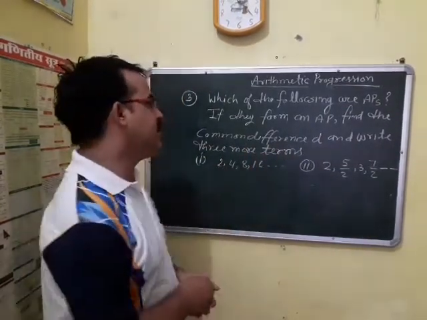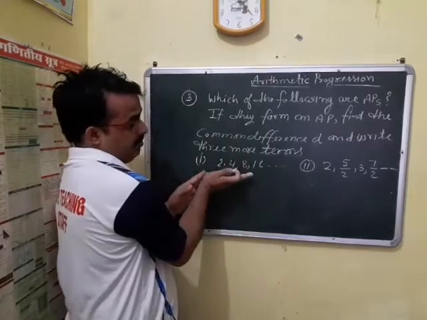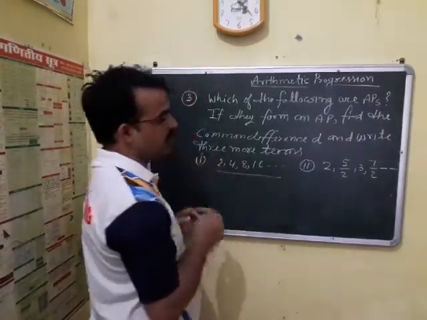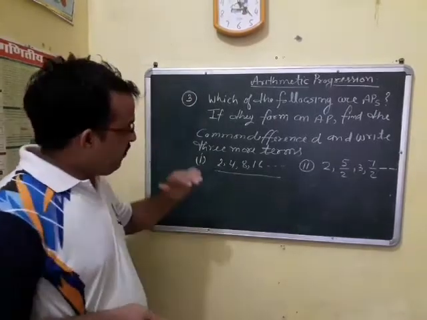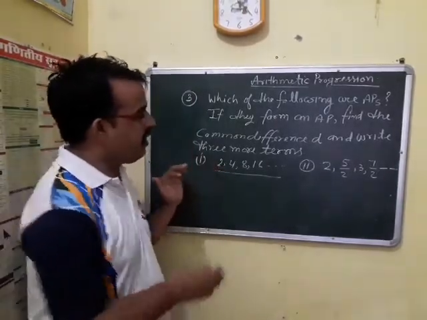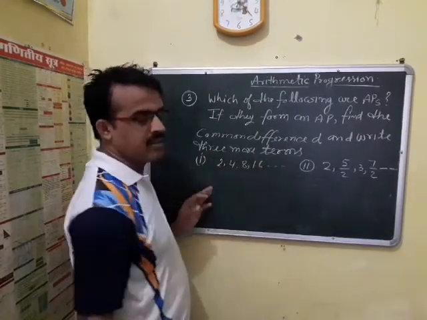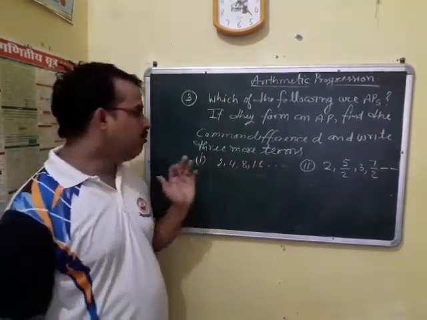Clear? इसमें ये कह रहा है कि अगर ये AP है, first we check that these terms are AP or not. If they are APs, find the next three more terms.